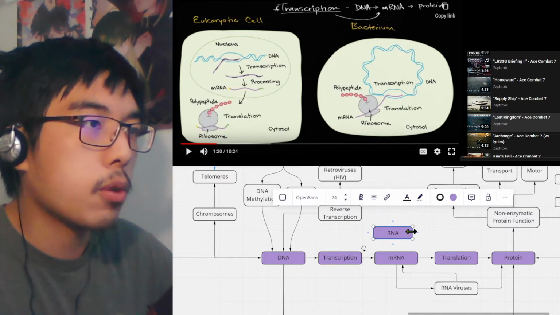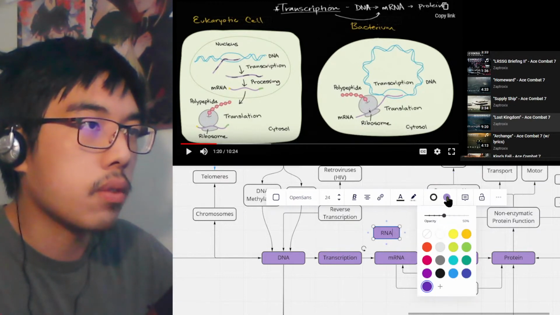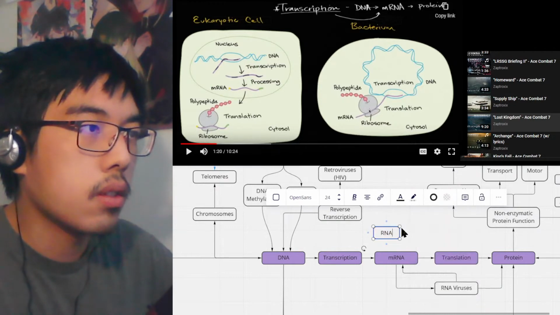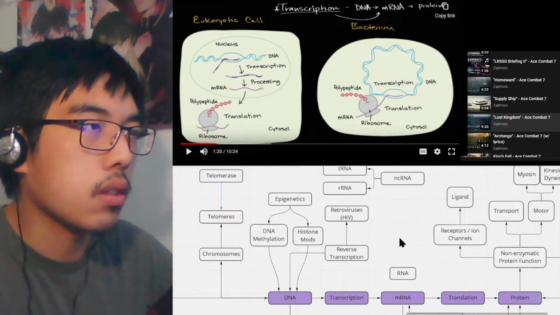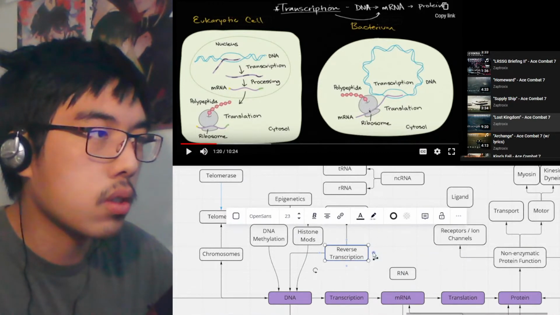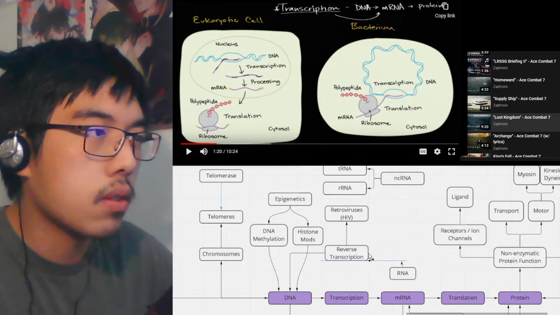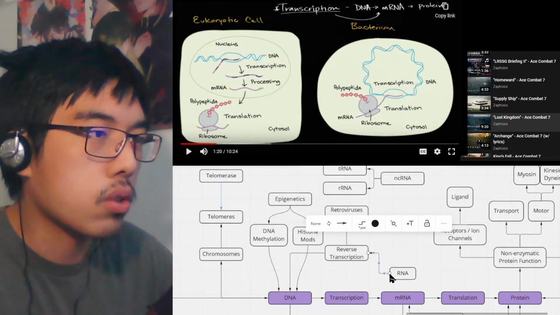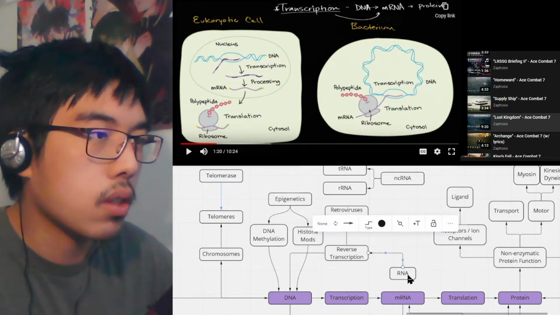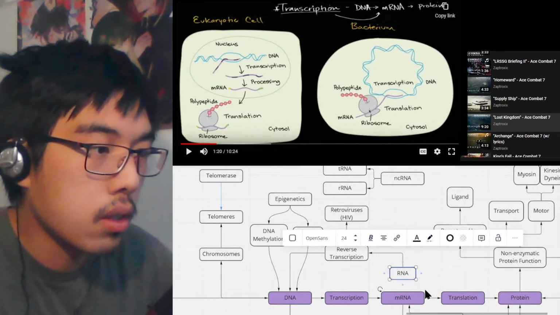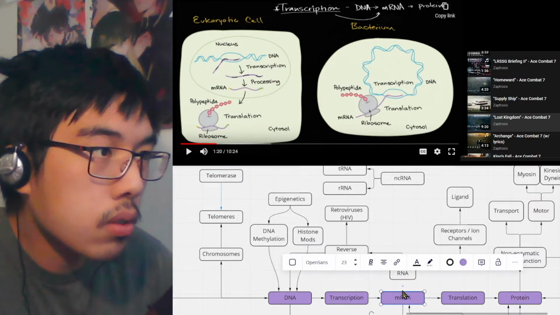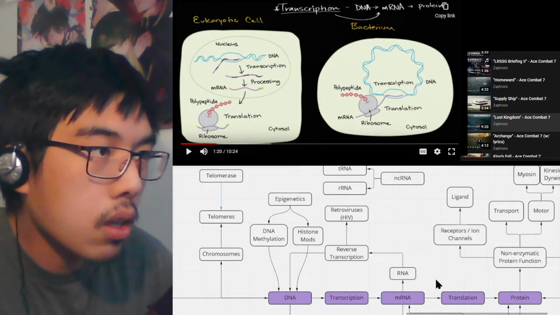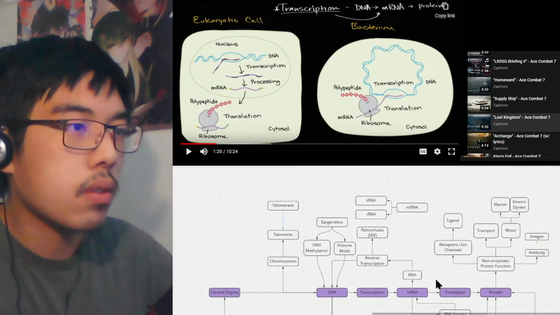And this will not be purple because I will not consider this as part of the central dogma, because the mRNA is specifically the RNA variation that we are using in this situation, at least for transcription. And then translation itself will require mRNA creating something else with the help of RNA.